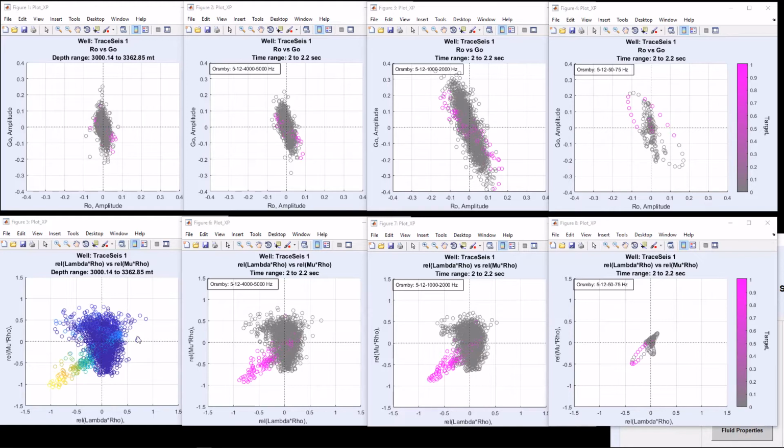We see that the match is reasonable. From then onwards, we decrease the frequencies, in this case a high limit of 1000 to 2000 Hz just for illustration, until we get to the attributes that we would expect at seismic resolution with high frequencies of 50 to 75 Hz. These are the attributes that we're going to use to do the coordinate rotation.